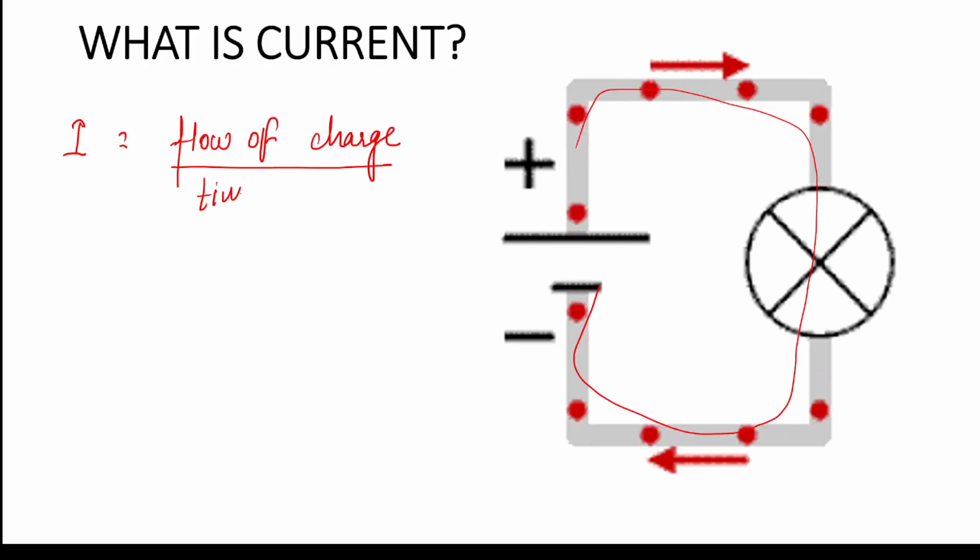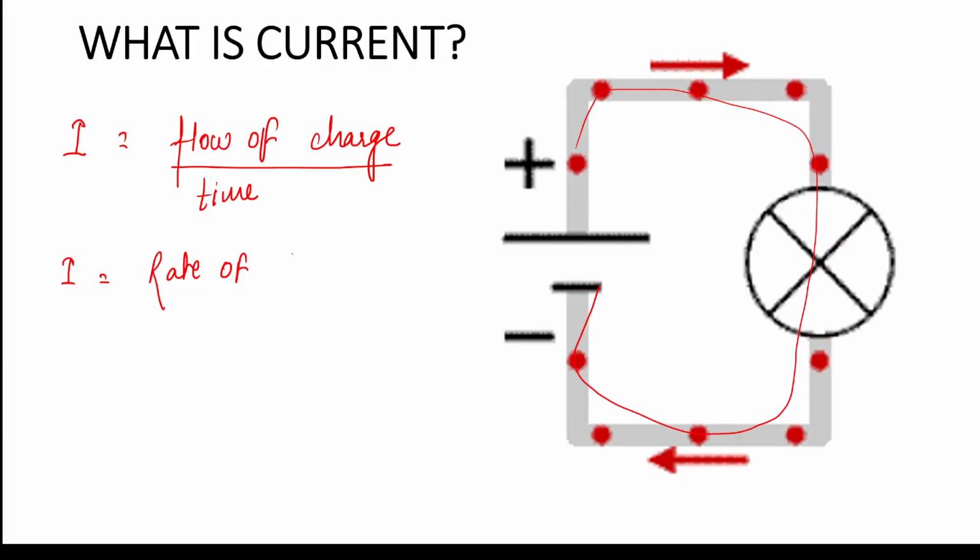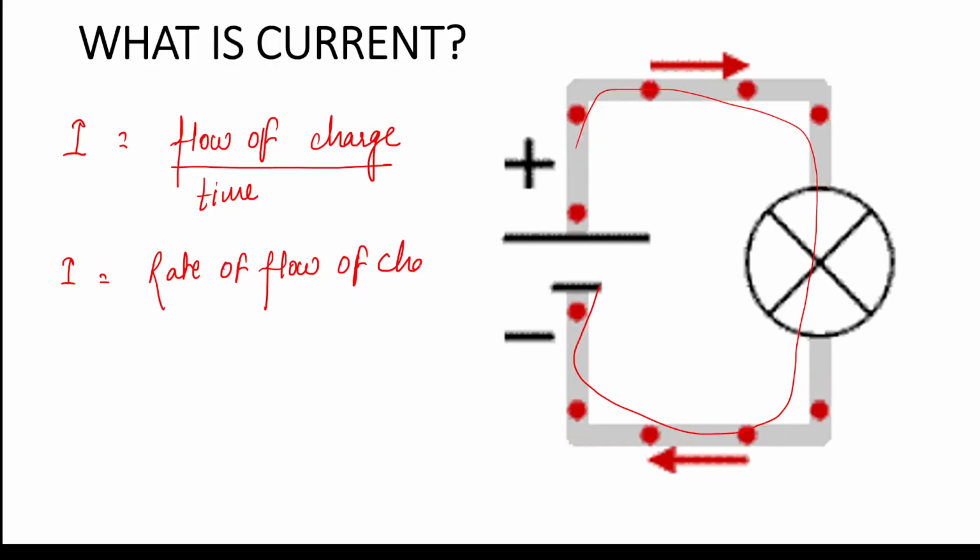So flow of charge divided by time. Rate of flow of charge. In physics, when we don't want to say time every time, we just say current is defined as rate of flow of charge. The word rate just means that I've divided my charge by time. So current is rate of flow of charge.